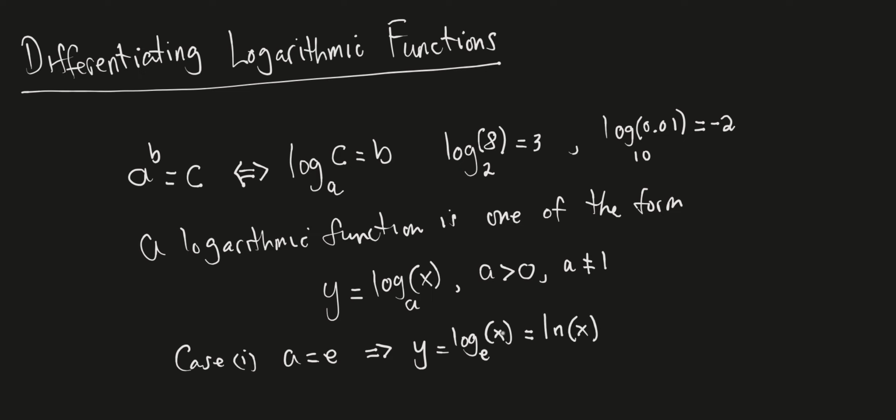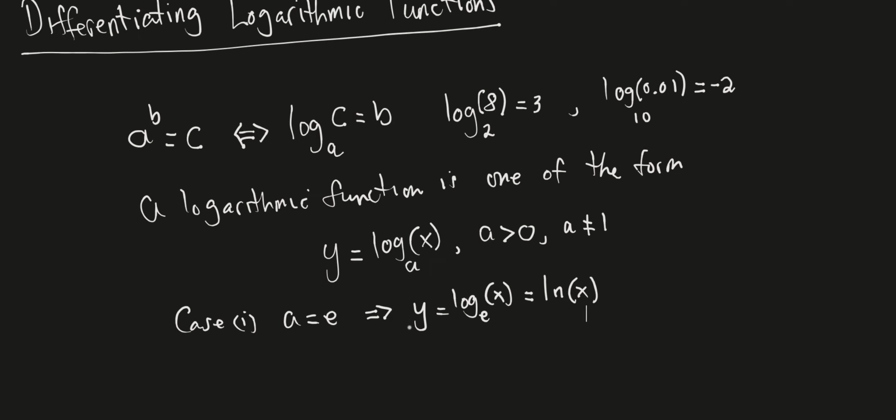Our goal is to find the derivative of the natural log of x. Once I know the derivative of this function, a change of base formula, comparable to the one we used for exponential functions, will allow us to find the derivative of any logarithmic function.